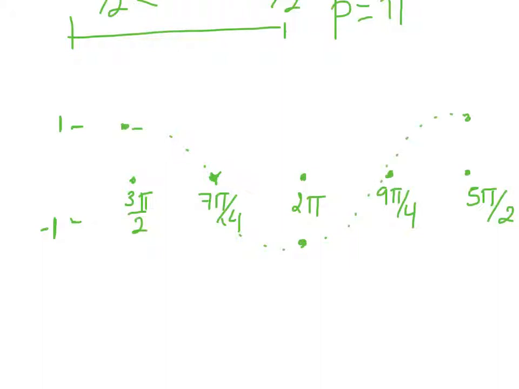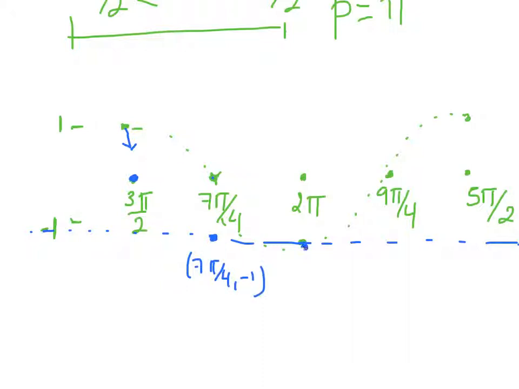What we're going to do is this cosine function, we're going to shift it down by 1 unit. So we're going to go ahead and shift the x-axis down by 1 unit. If this point were to drop by 1 unit, the ordered pair will be 3 pi over 2, 0. If this were to drop by 1, it becomes 7 pi over 4, -1.